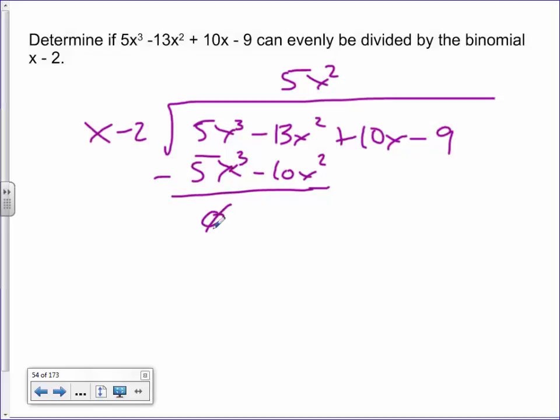The first thing should always be a 0, because otherwise you didn't choose the right number to put up top here. Biggest advice I might give, I like to sometimes put this in a bracket right here, just to remind myself that the minus sign doesn't apply just to the 5, but it applies also to the minus 10x as well. So minus 13, double negative the 10 means add 10, so you have minus 3x squared here.